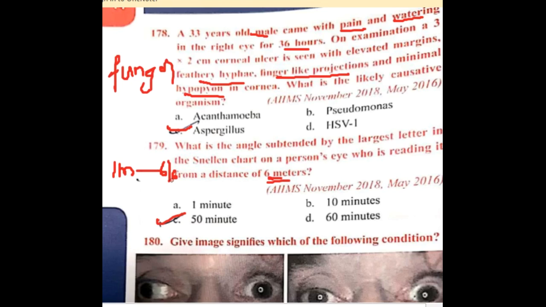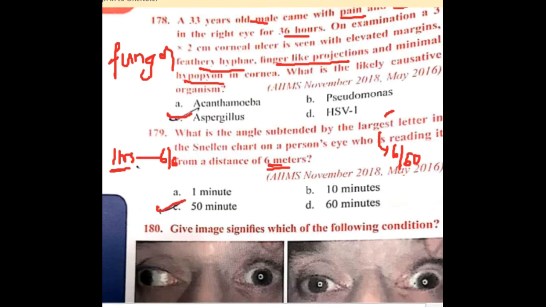So, if it is 1 minute for 6 by 6, the largest letter at a distance of 6 meters subtends an angle of 50 minutes of arc. This you should remember.